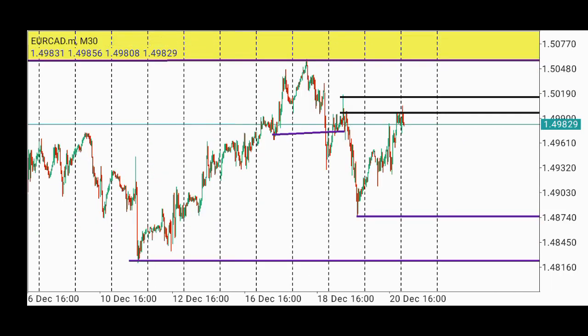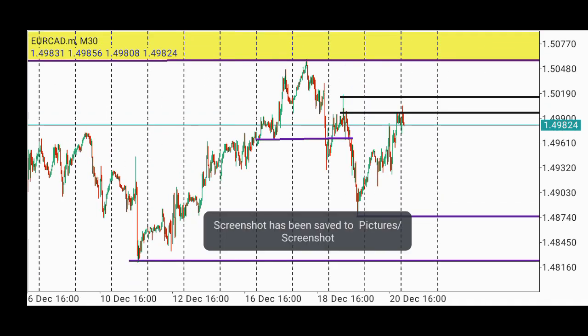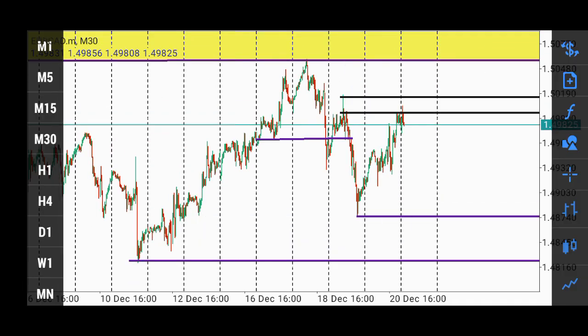So this is how you follow the market in real time. All you have to do is go to a convenient time frame. What do you do? You just sell off. But since it has come to our zone, all we have to do is just sell off.